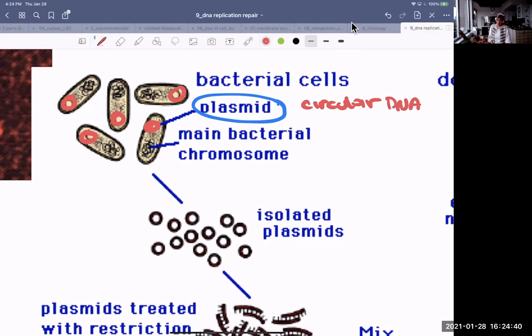So they make antibiotics to kill other DNA and RNA that comes into the cell. So that's what the circular DNA generally codes for. It encodes resistant enzymes.